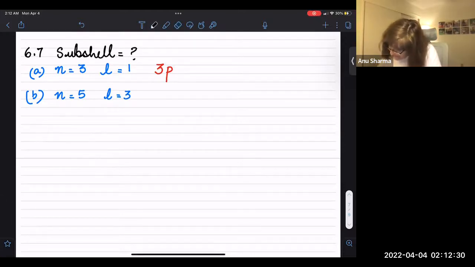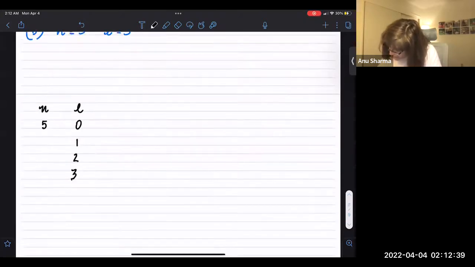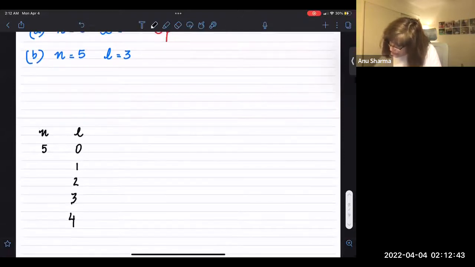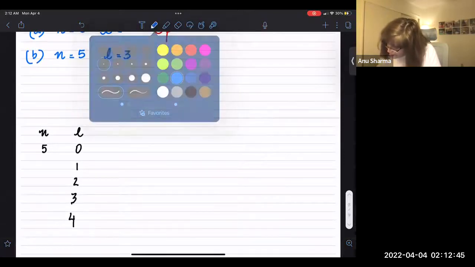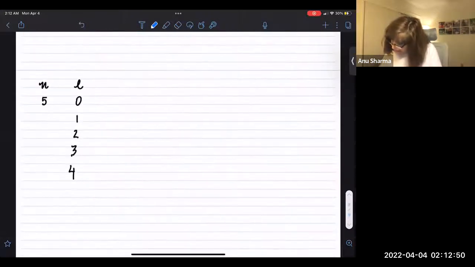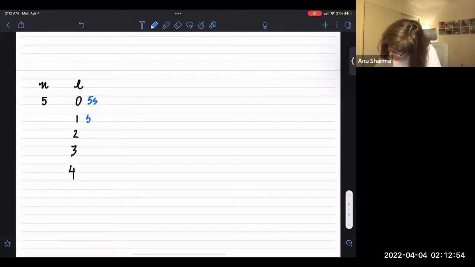So here we have n is equal to 5. l will be 0, 1, 2, 3, and 4. So this becomes 5s, 5p subshell, 5d, and 5f, s, p, d and f.